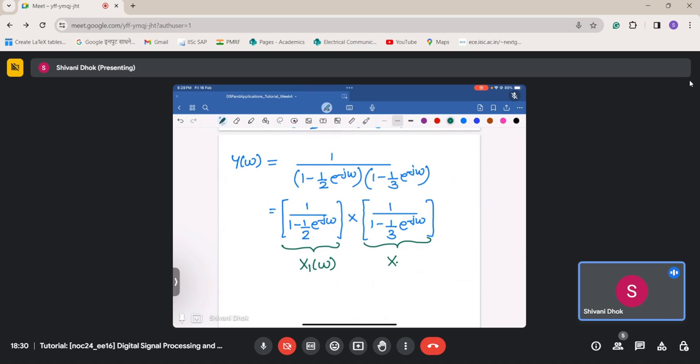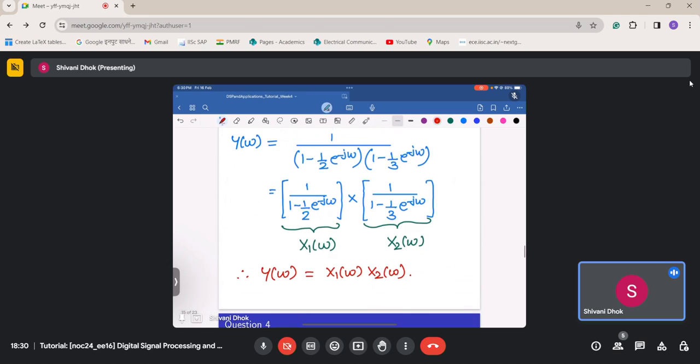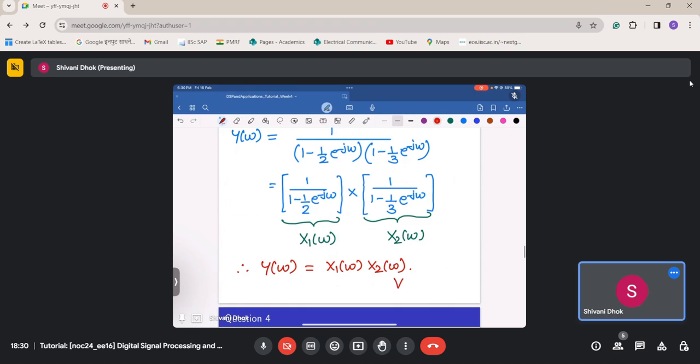So therefore, this Y of omega is equal to X1 of omega into X2 of omega. So we verified the convolution property.